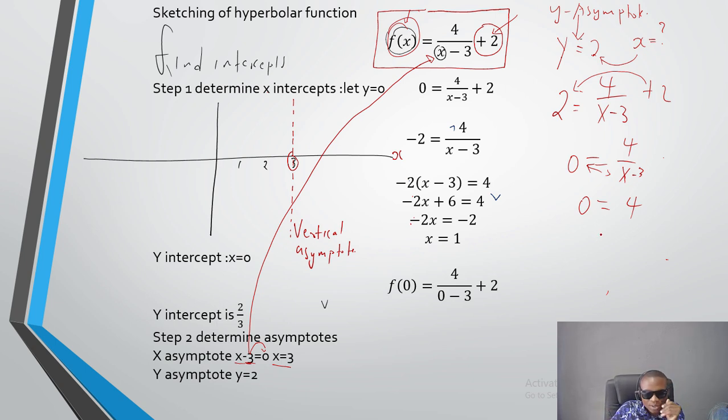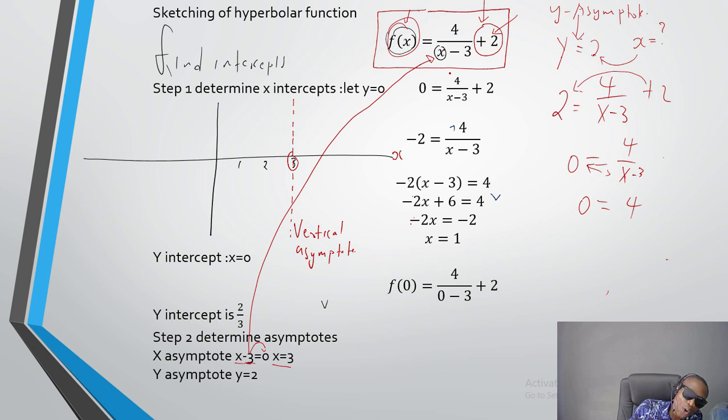Okay. So we found the x asymptote by equating the denominator to 0. We found the y asymptote. We say this number here at the end is the y asymptote, which is 2.